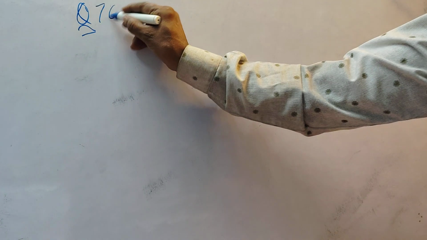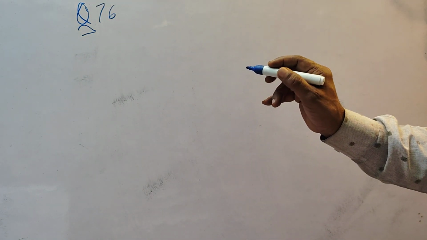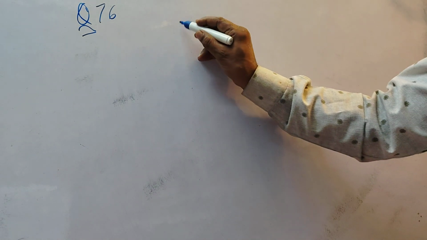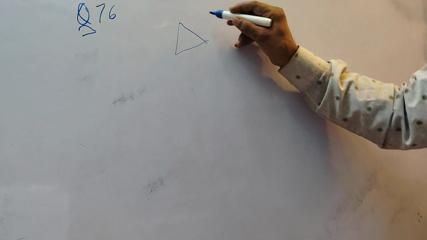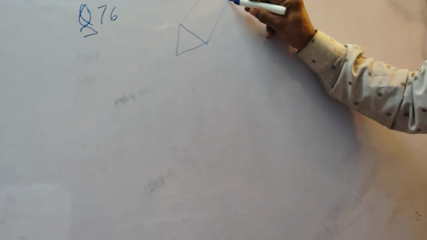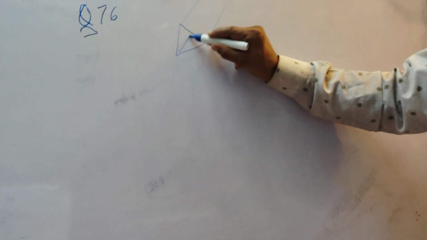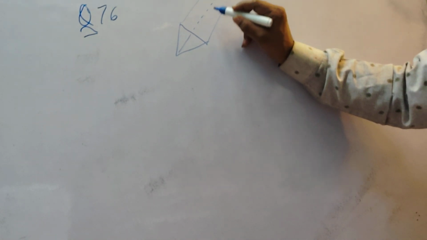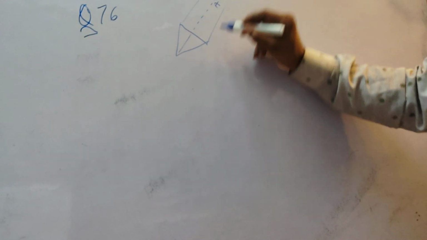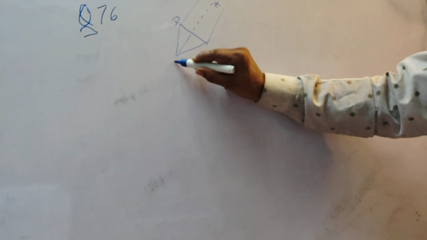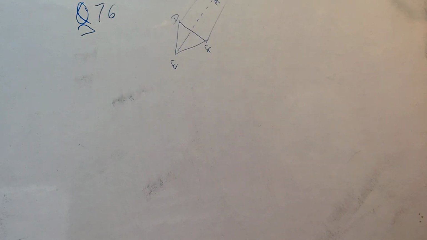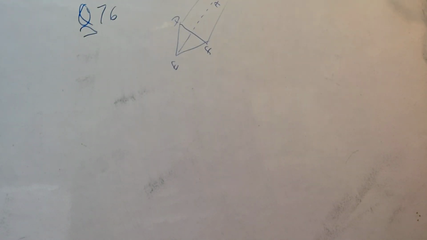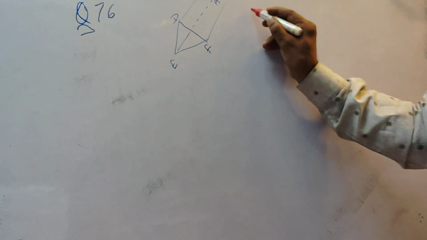Question 76: write the names of the vertices, edges, and faces of the prism. Here is a triangular prism, and its name is A, B, C, D, E, F. Write the names of the vertices.